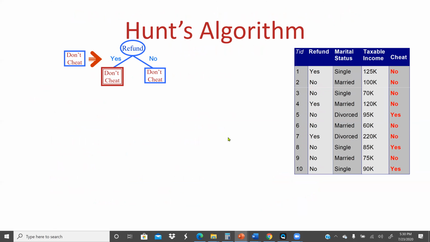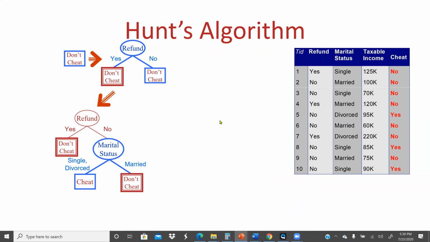So with Hunt's algorithm, we check with refund, yes or no. If yes, we say don't cheat. If no, we have marital status. If you are single or divorced, you cheat.